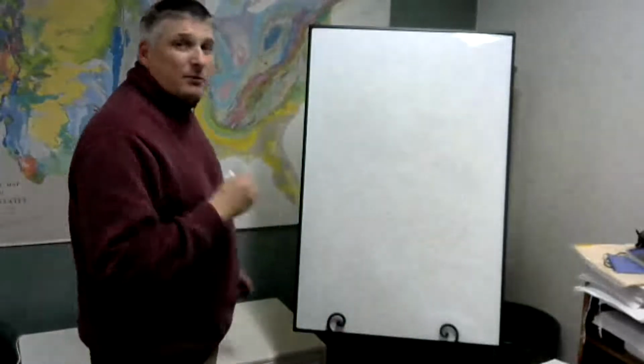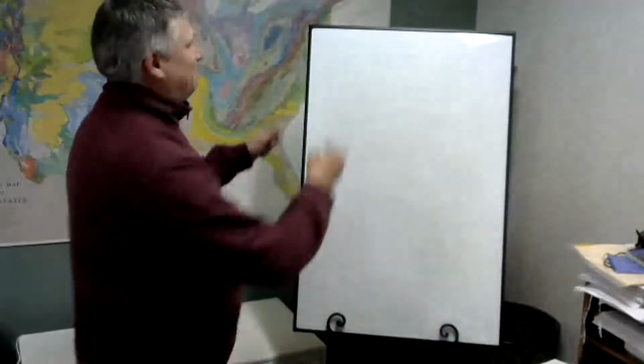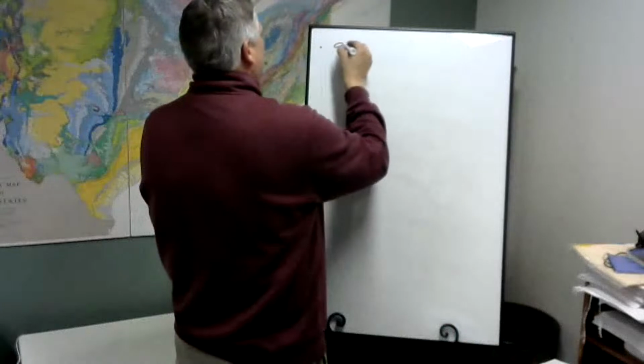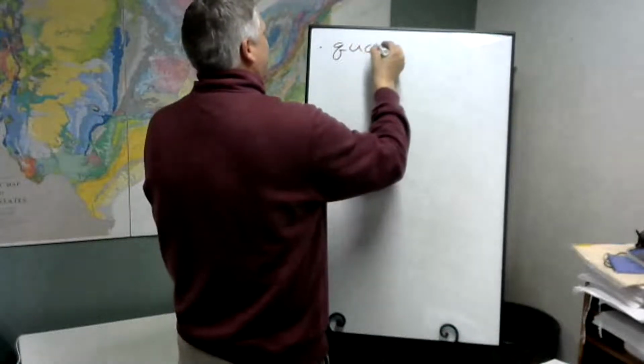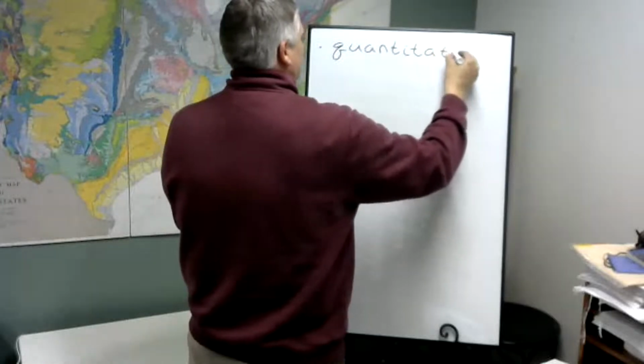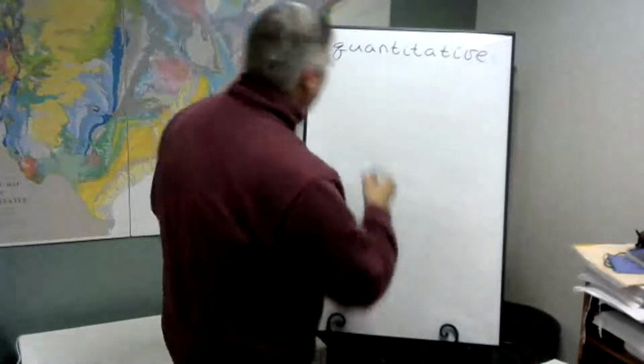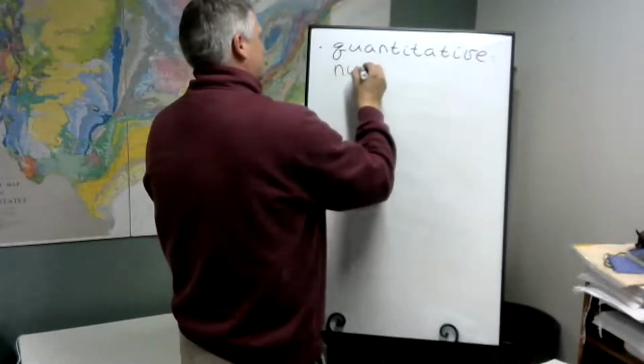Now, data that we collect, let's say we do have a sample. There are different kinds of data we get from the sample. First off, quantitative. And this is numerical data.